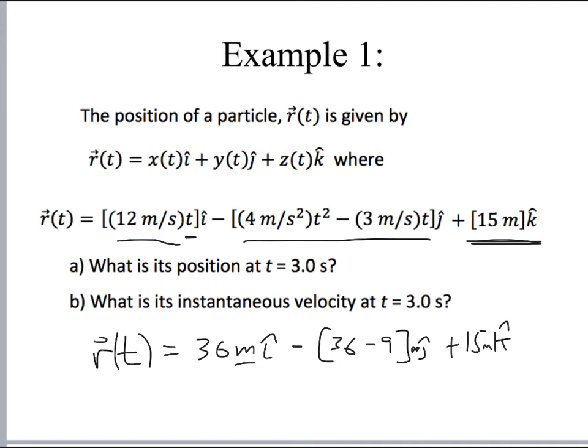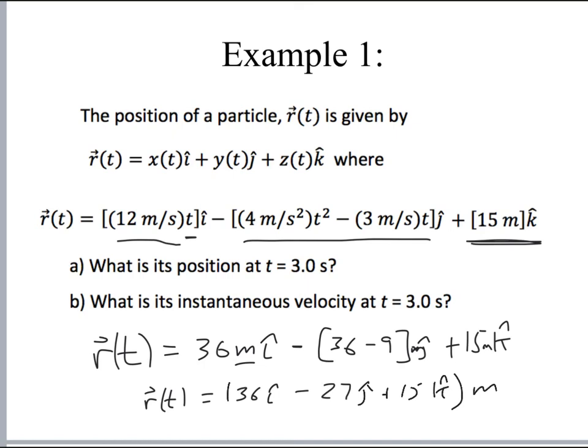Should write that in. And so my final answer gives me r of t is equal to 36 in the I hat direction minus 27 in the j hat direction plus 15 in the k hat direction, and all of those are going to be times meters.